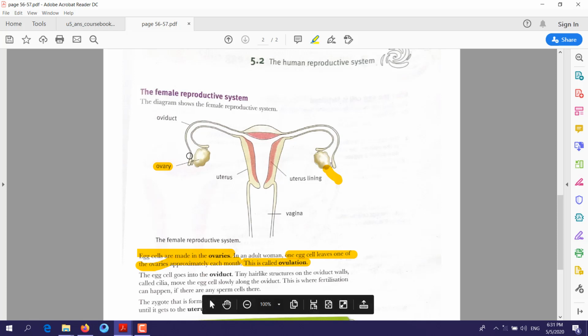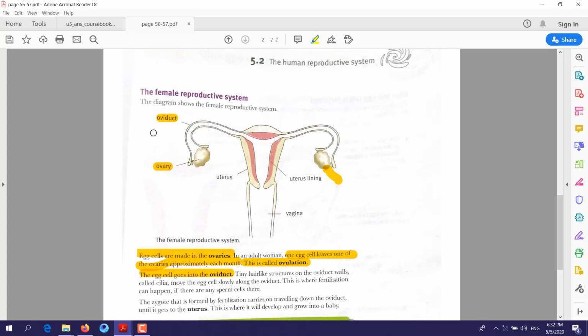After releasing the egg from the ovary, the egg should travel, the same as the sperm cell. The egg goes into the oviduct. The second part, this part, we call the oviduct. What is the function of the oviduct?